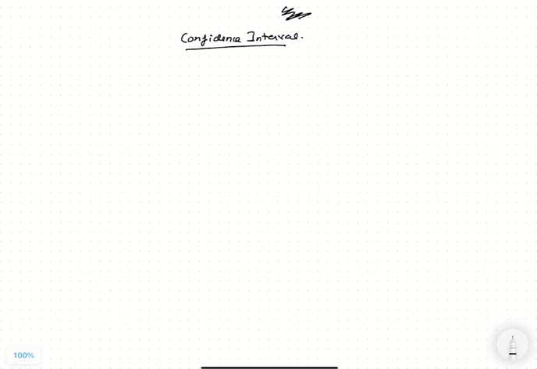So, confidence interval. So far we have done what we can call point estimation. We have given a single value as an estimate of the parameter.